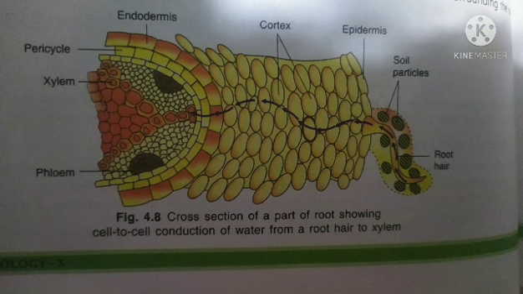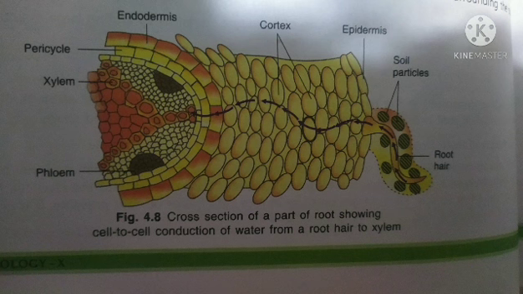due to absorption of water the cell of the root hair has become turgid, full of water. Therefore the cell sap becomes dilute as compared to the adjacent cells which are present next to root hair, that is epidermis and cortex. So therefore the water diffuses from the cells of root hair to epidermis, then to the cortical cells, and then to endodermis.